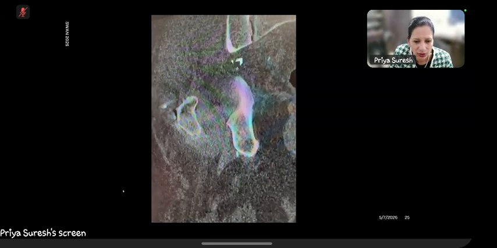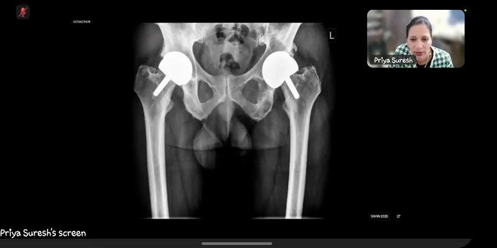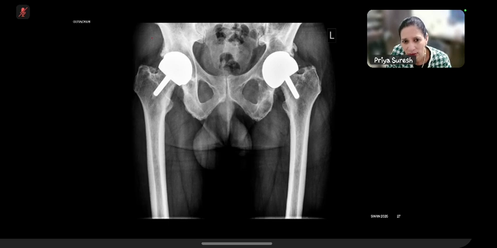So case 3. So that was again the ceramic liner breaking. Case 3 is a patient, and again you have to describe what kind of processes you're seeing. So it is total resurfacing that you're seeing on both sides.